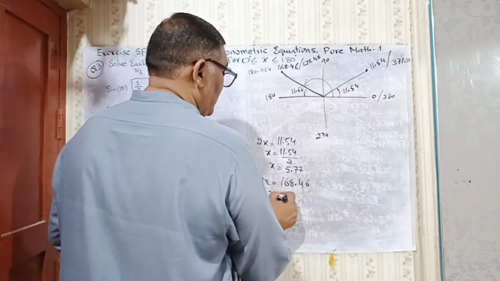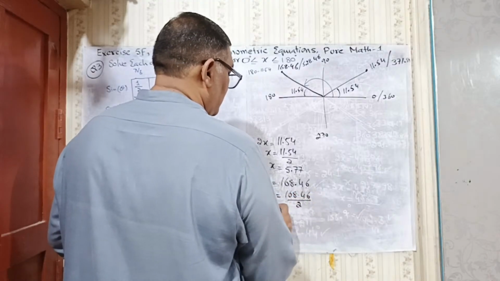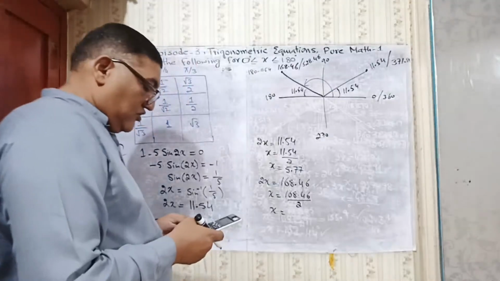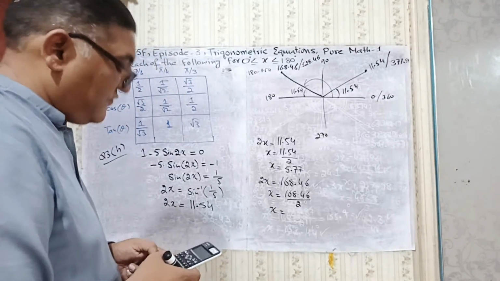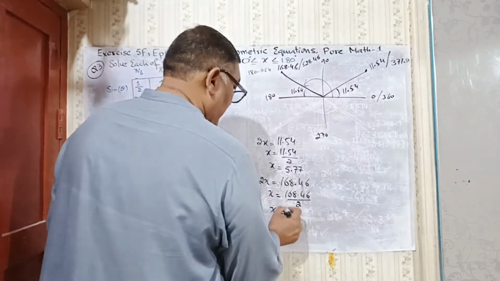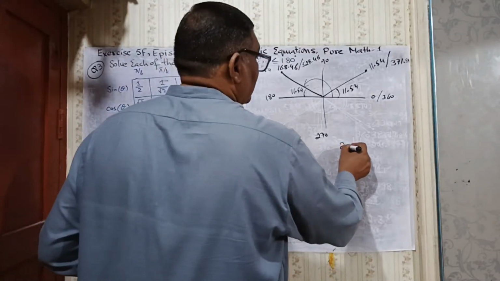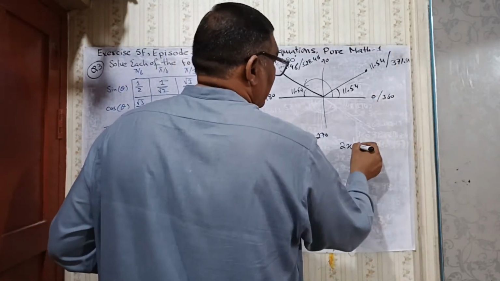So x will be equal to 168.46 divided by 2, that will be 84.23.